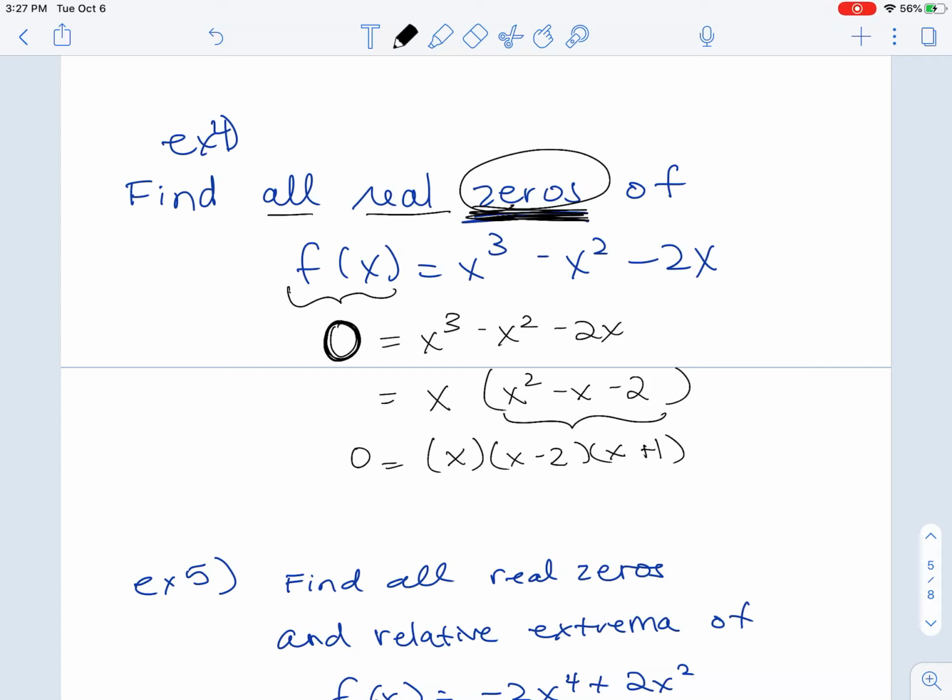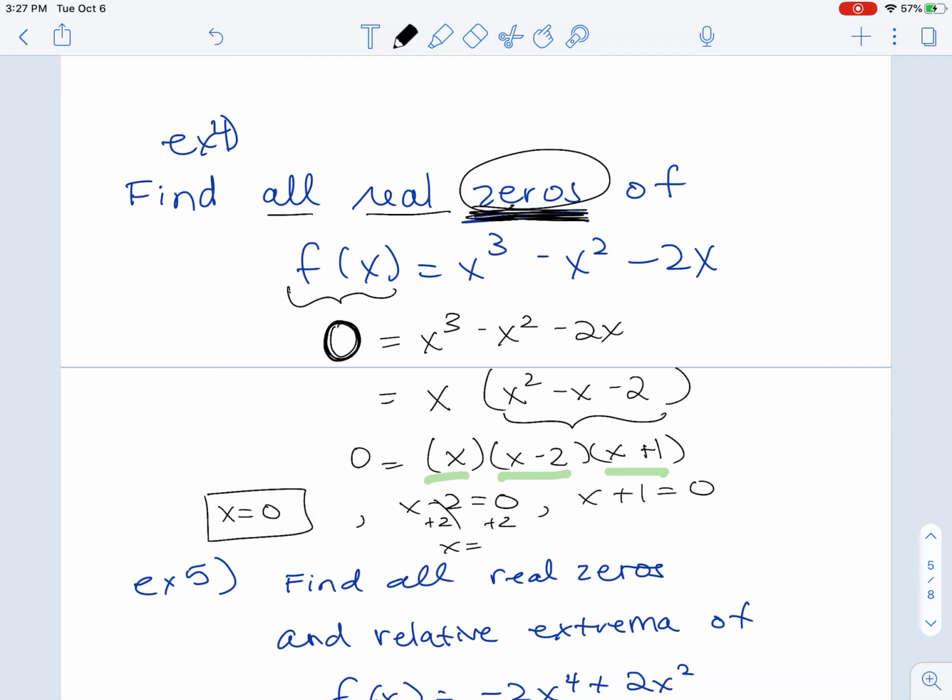And remember our zero product property: something times something equals 0 means that at least one of those things has to be 0, if not all of them. So we'll say x equals 0, x minus 2 equals 0, and x plus 1 equals 0.